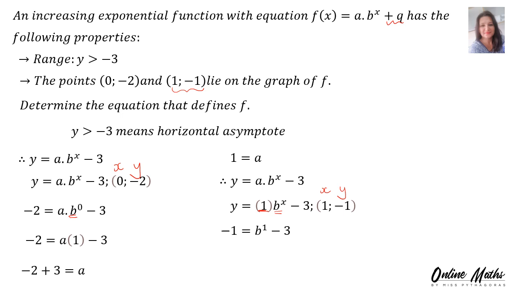And now we will solve b. So the negative 3 will walk across, negative 1 plus 3 is b, b's value is 2. Therefore, the equation will be f of x is equal to 2 to the x minus 3. And remember, a's value is 1. So in fact, there is an invisible one.